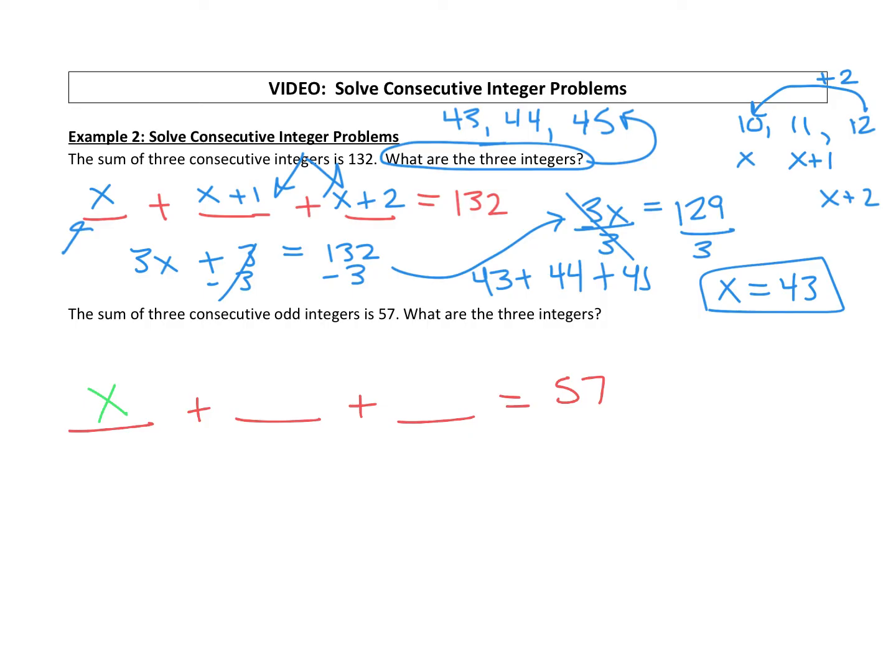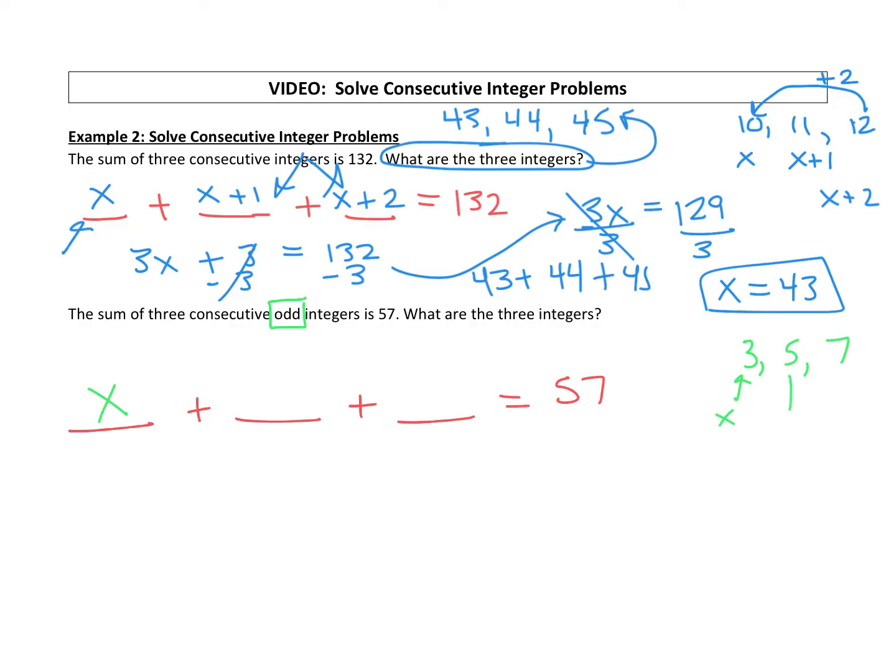That's always going to be our first integer. Now, how do we get to the next integer? Now, this is not just consecutive. They told us it's consecutive odd. So let me just think of three consecutive odd integers: 3, 5, 7. So your first one is x.